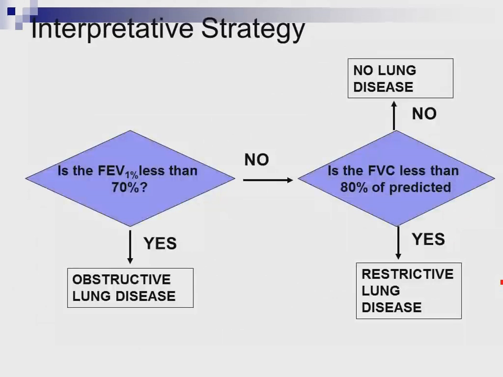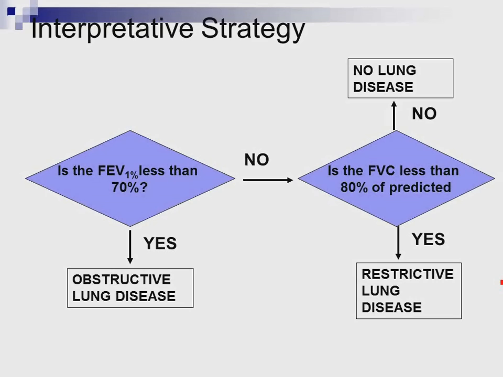This chart is blown up so it's bigger. You can read it in the back of the section, or should be. And it's really two questions that you have to ask yourself looking at pulmonary function data. And we'll go ahead and practice these in a sec.